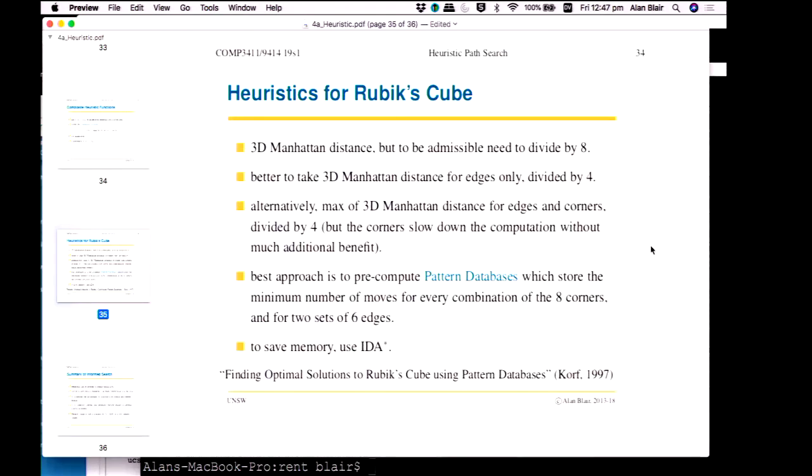Korf actually used iterative deepening A-star search for this, because even with his really good heuristic, using A-star search still ran out of memory.